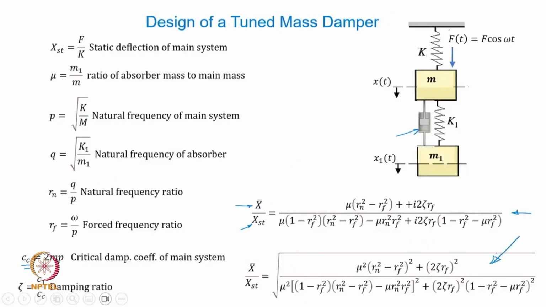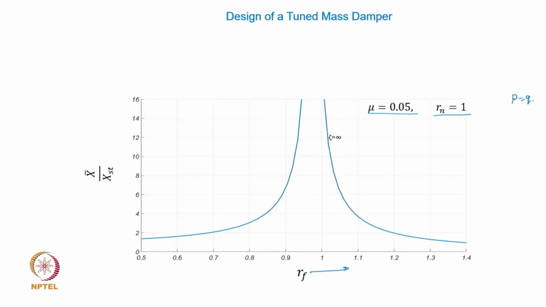As you change the value of Rf, how does the non-dimensional response vary? So this is how the variation looks for one value of the damping ratio.